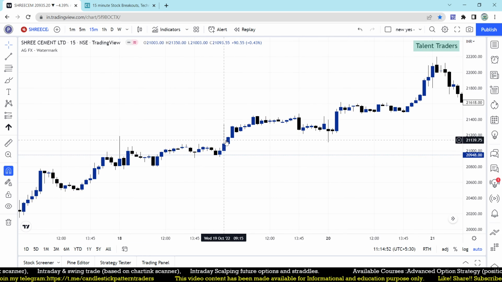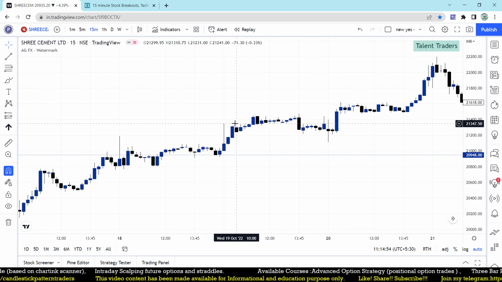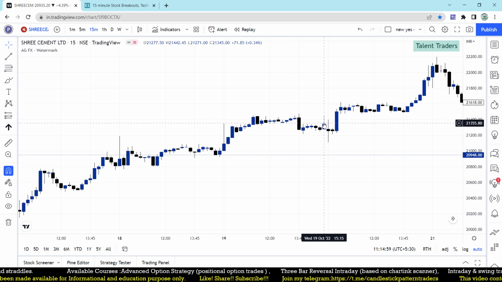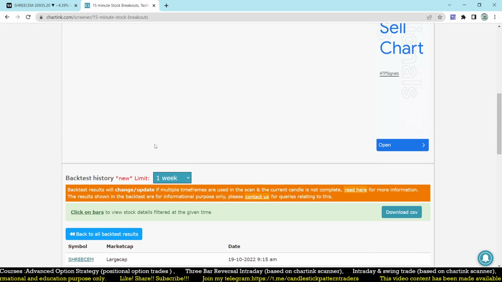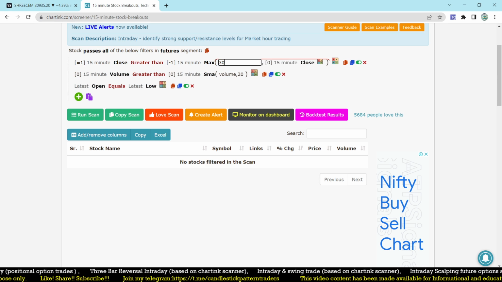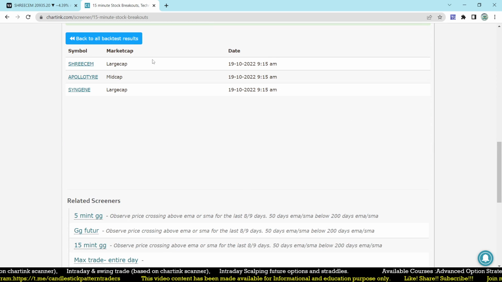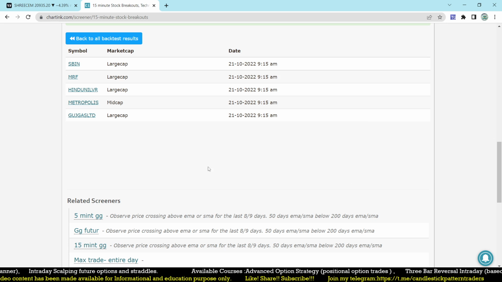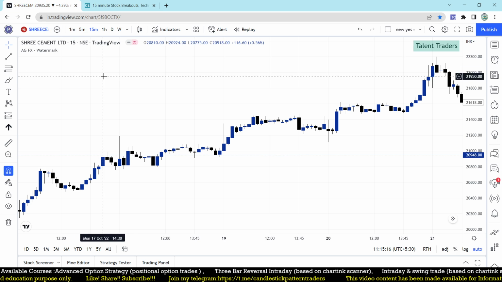It broke that, and it was a very small move, and it closed at positive only. So the number of candles increases. Instead of 30, we can even use 50, to avoid the maximum number of stocks and get the minimum number of stocks. Yesterday, even if I use 50, there were Metropolis, Hindustan Unilever, MRF, even SBI and others.